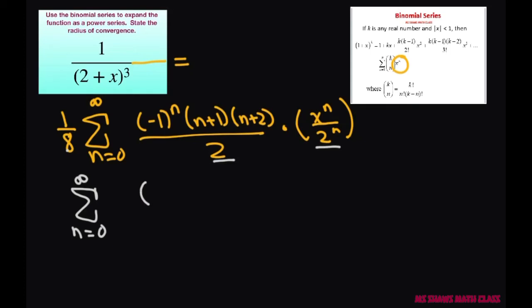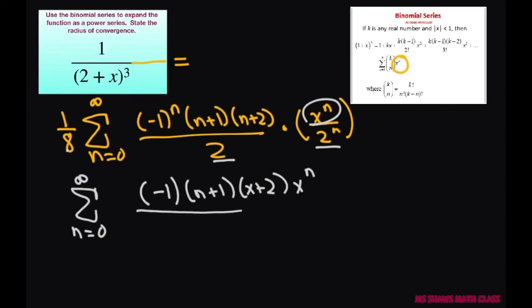My numerator is going to be -1 to the n times n plus 1 times n plus 2, and I'm going to pull this out as x to the power of n. Now for my denominator, I have this 8. So let's do this on the side. This is going to give me 8 times 2 times 2 to the nth power.